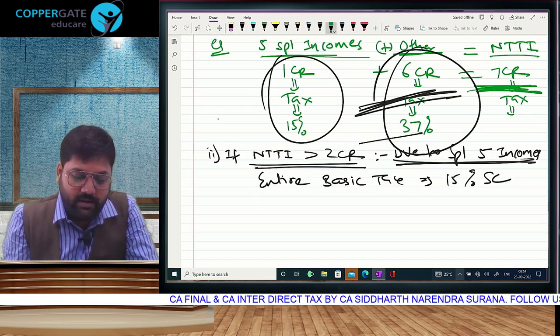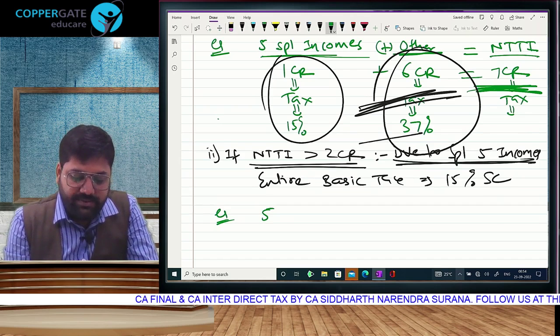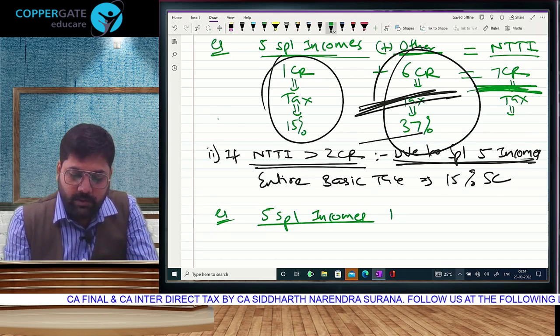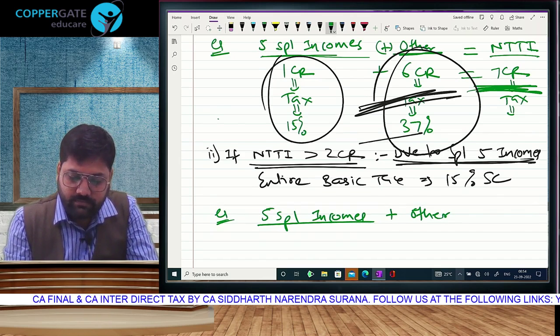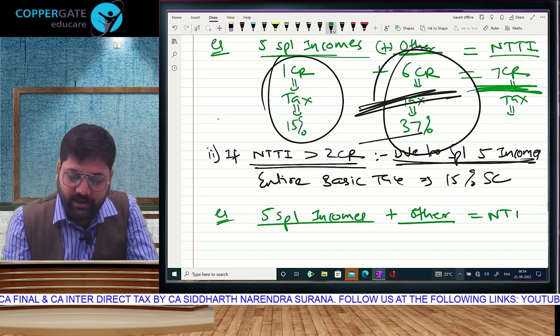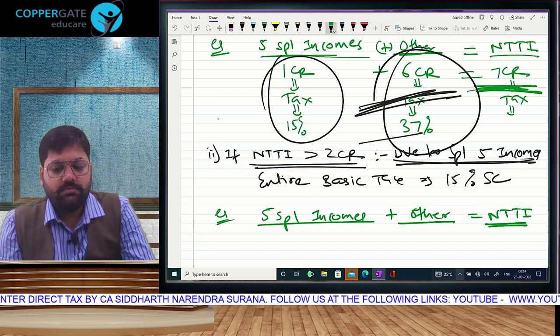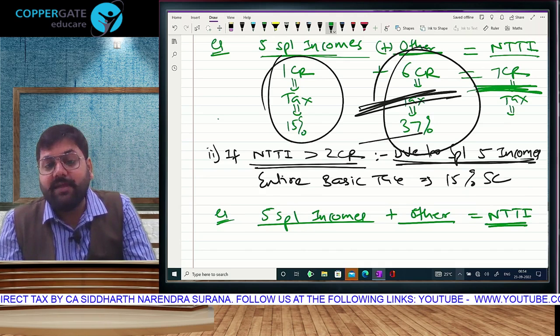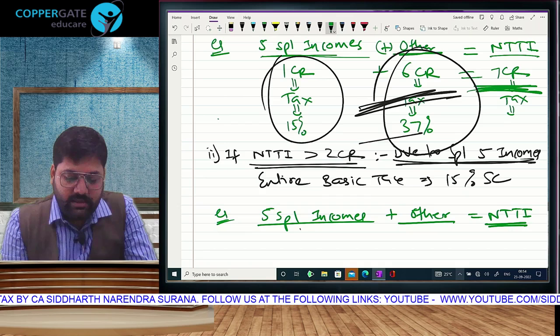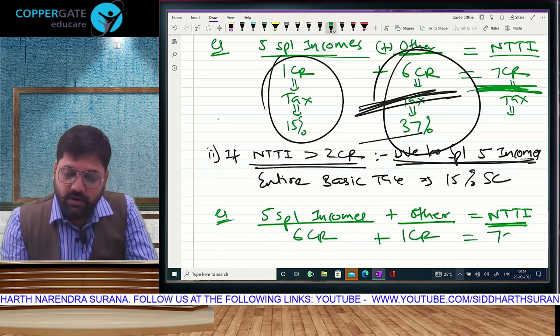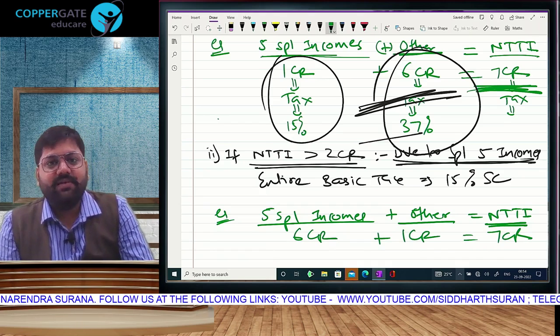Let me give you my second example here, so you all understand. 5 special incomes plus other income will together make your NTTI. This time the twist in the story is, this is 6 crore, this is 1 crore. Total is still 7 crore.